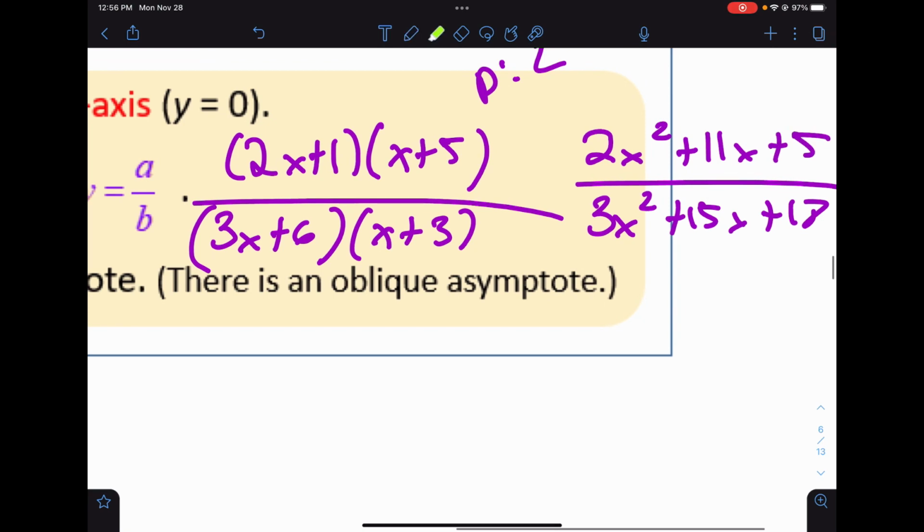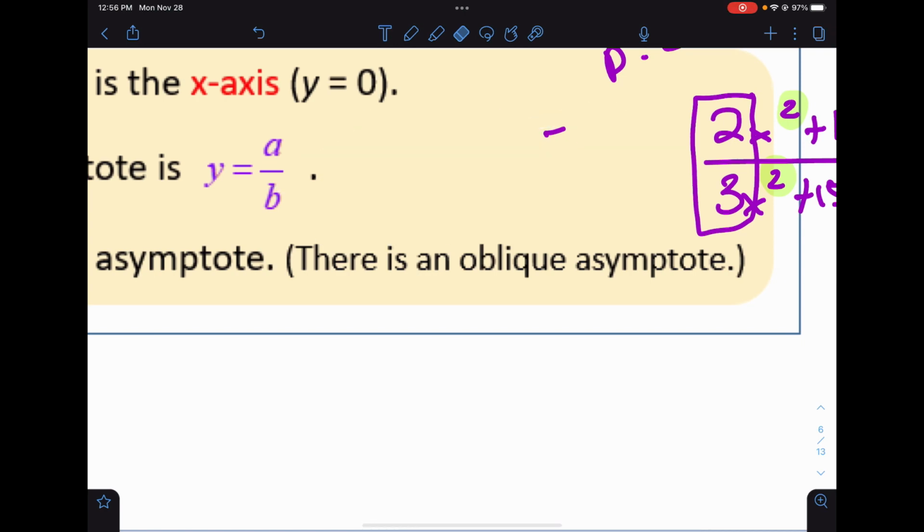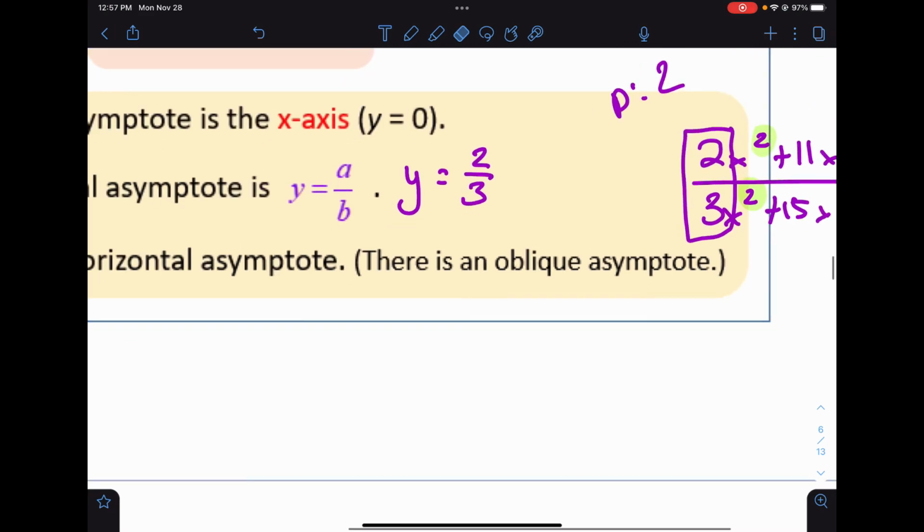As you can see, obviously, we have the same degree on top and the bottom. So what you do at this point is you look at the leading coefficients, okay? The coefficients on the highest powers, that's what your asymptote is going to be. So in this case, our asymptote would be y equals 2 over 3. All right, that would be our horizontal asymptote.